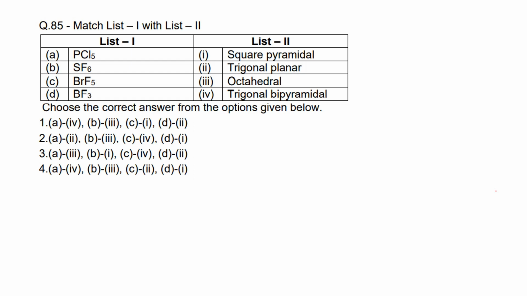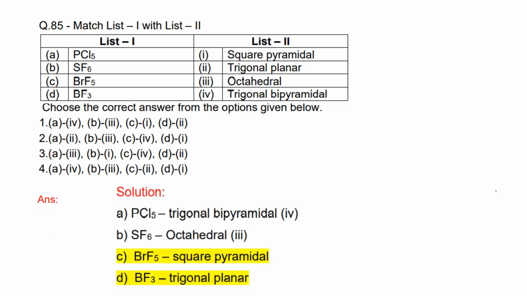And BF3, we all know, is sp2 hybridization, which is a trigonal planar shape. Based on that, we have to choose our answer. The correct answer is A4, B3, C1, D2. That will be in option 1. So the correct answer is option 1. So question number 85, option 1, right answer.